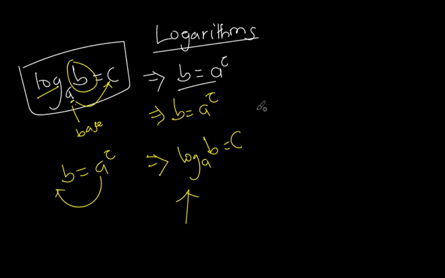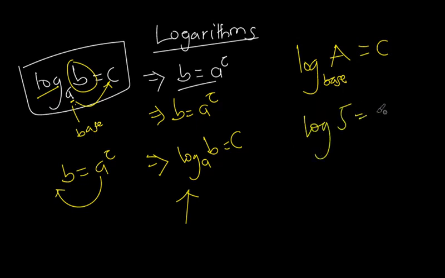One thing we also need to take note of is the fact that log always has a base before we have a variable equal to another variable. So assuming you have log 5 is equal to, let's say, 10. This implies that the base over here is 10.